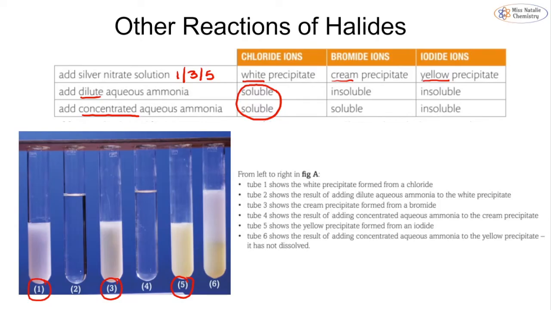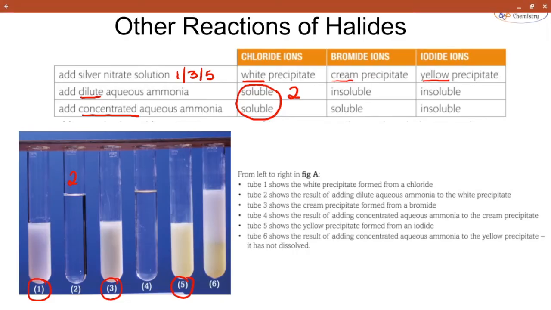And that's what we see in test tube 2 here. This is the addition of the aqueous ammonia, and we're seeing the precipitate being removed. If we add dilute aqueous ammonia to bromide ions, it is not going to dissolve.